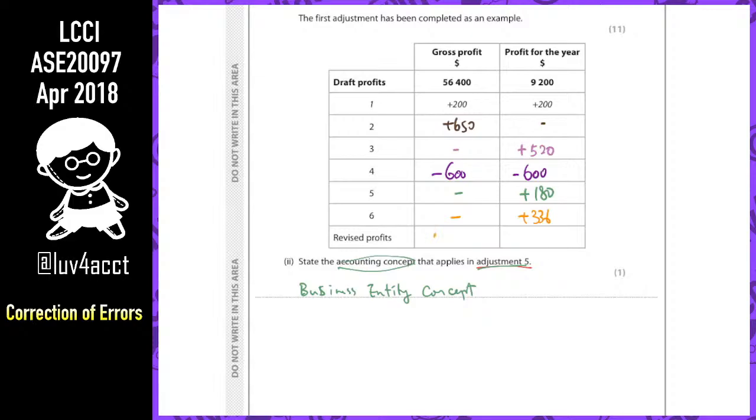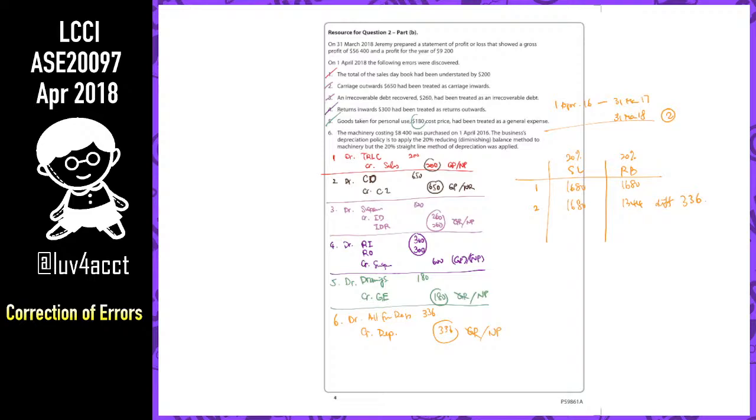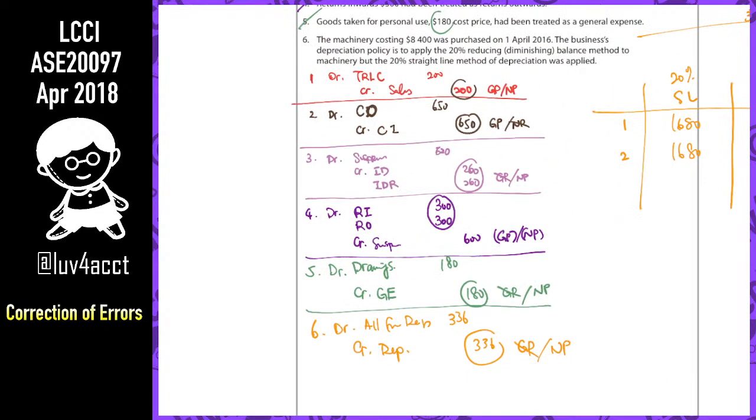5, 6, is it 100? Let me see, item 5. General expenses.